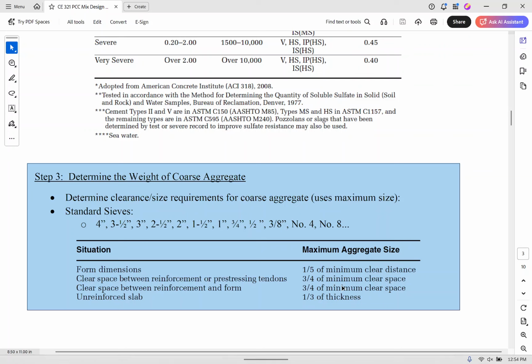Are we going to check the clear space between the reinforcement? Yes, because we know the bar spacing. Are we going to check the clear space between the reinforcement and the form? Yes, because we know the cover. Are we going to check the unreinforced slab requirement? No, because we're putting rebar in the slab. So we're going to check all of these except for the last one. Let's walk through that.